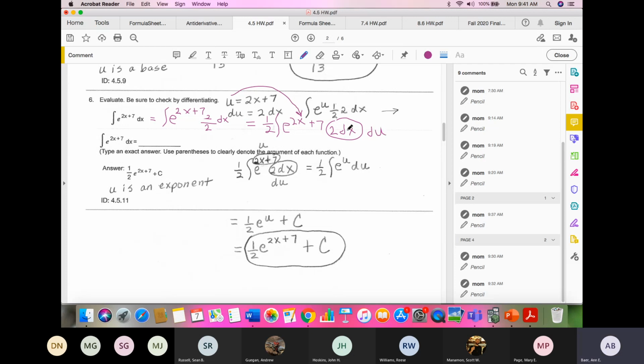And I've covered everything. I've taken care of everything that was inside this integral right here. I know how I'm going to convert all of my x's. I'm not going to see x's anymore. I'm just going to see u's in my integral. And that's real important.